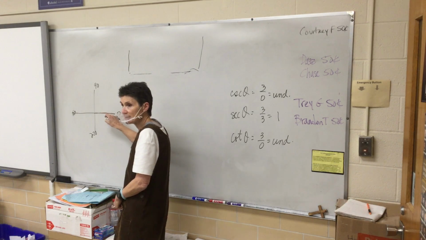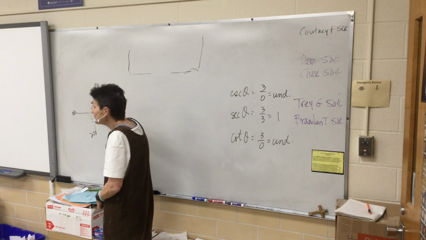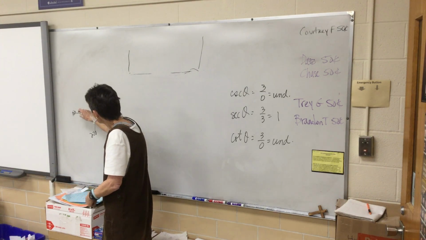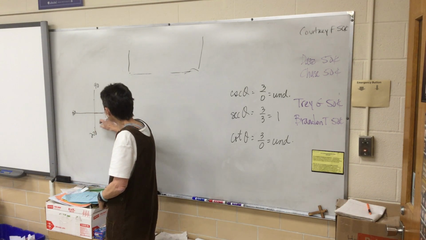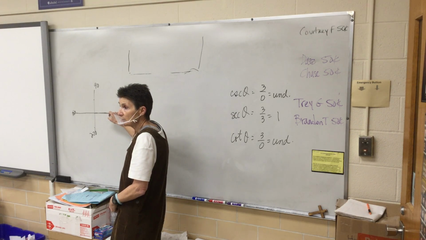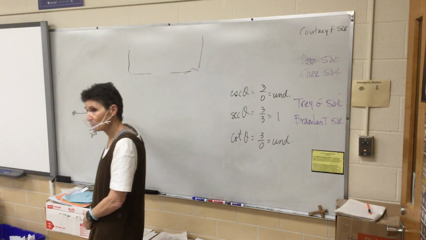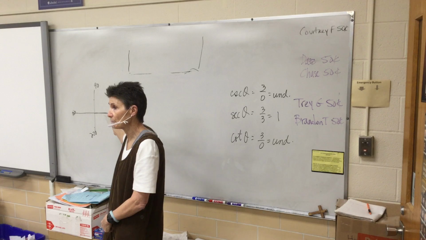That's considered to be 0. And we start going up. So that would be 90, and 180, and 270, and 360. In this next problem, this is called standard position. These angles are in standard position.